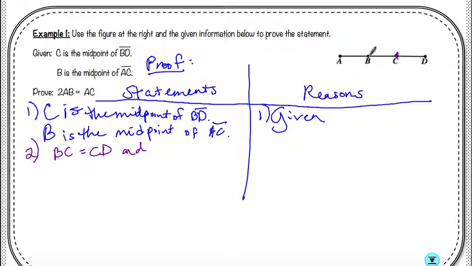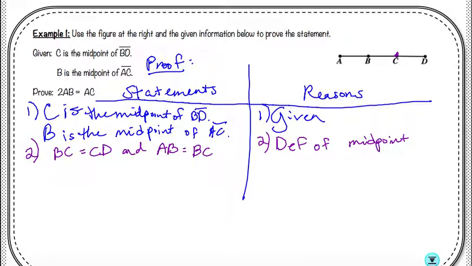B is in the middle of AC. So AB is equal to BC. And the reason for it is definition of midpoint, because that's what a midpoint is. It means you're dividing up a segment into two equal pieces. Definition of midpoint.